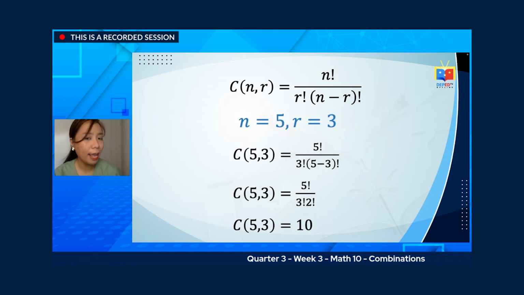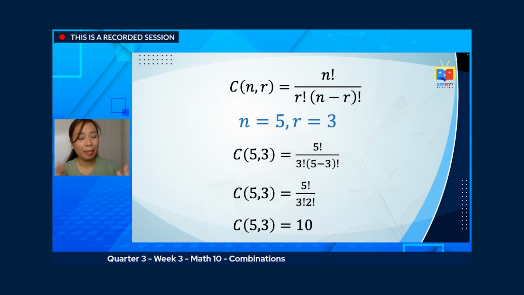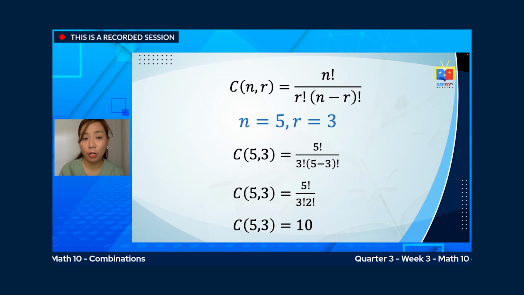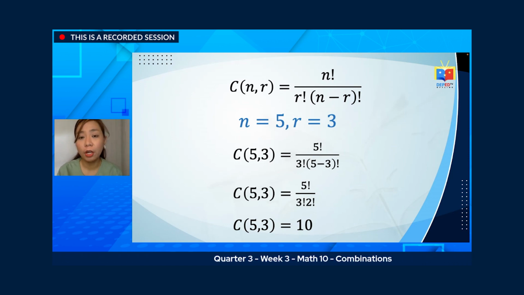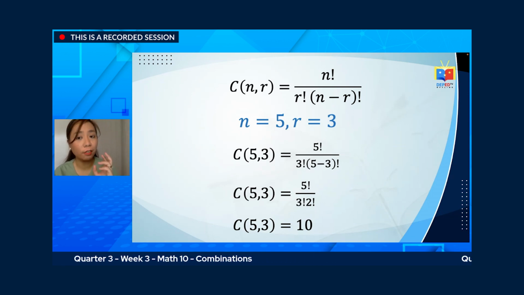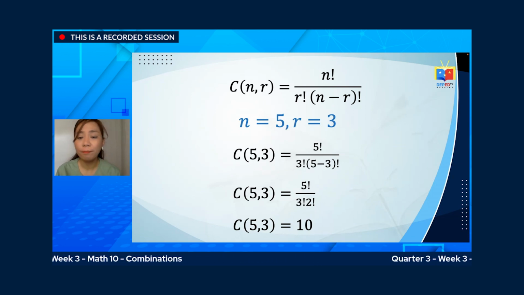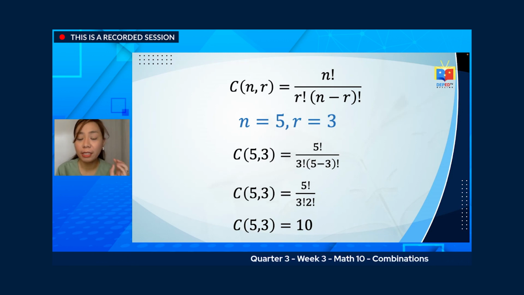What if our n is 5, but r is 3? Again, substitute it to our formula. Combination of n objects taken r at a time is equal to n factorial over r factorial times the quantity n minus r factorial. And we have 5 factorial over 3 factorial times the quantity 5 minus 3 factorial.